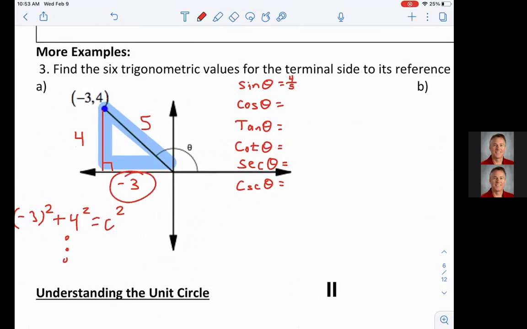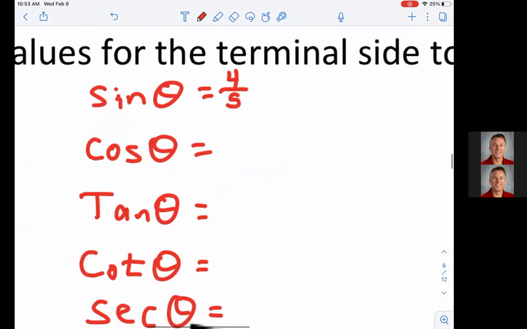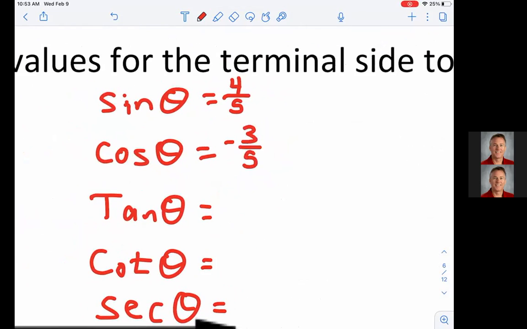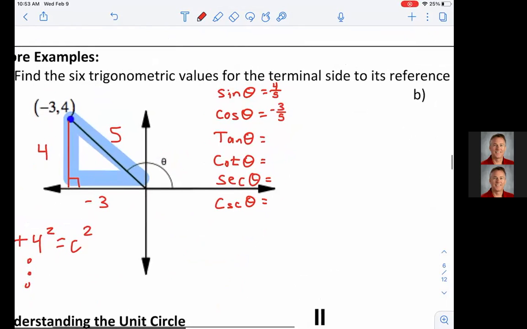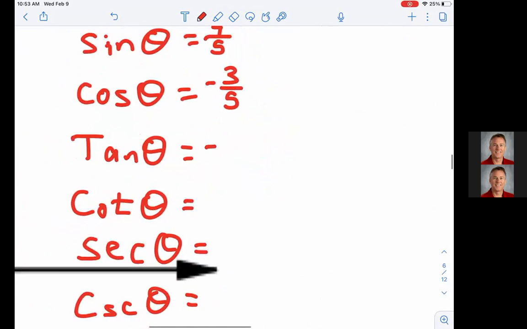Now, notice the adjacent is a negative. So it is -3/5. And the tangent is the opposite over the adjacent, which is 4/-3 or -4/3.